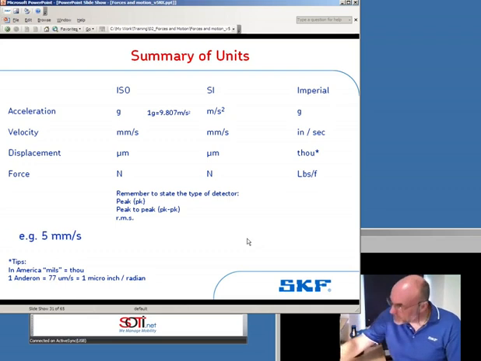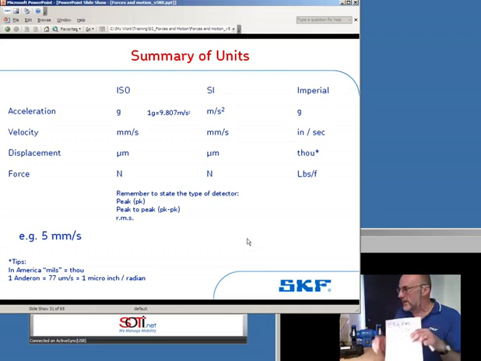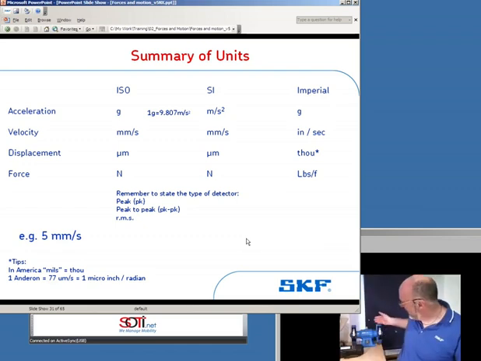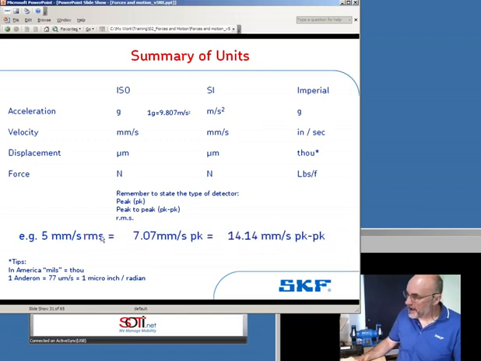Remember that when you do your vibration survey and you take a reading in whatever parameter you're using, that you write down what's called the detector. Because this machine might be doing something like 5 millimeters per second RMS, but unless I write down this little bit of information on my report, RMS, that value is meaningless, because there's a world of difference for the same reading between RMS, peak and peak to peak. 5 RMS is 7 peak is 14.14 peak to peak.